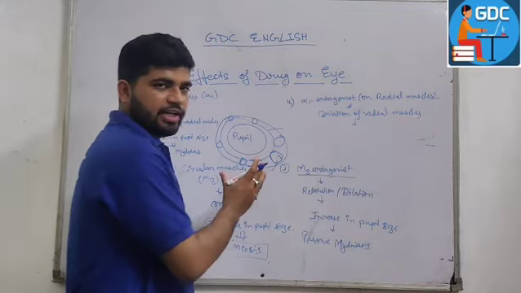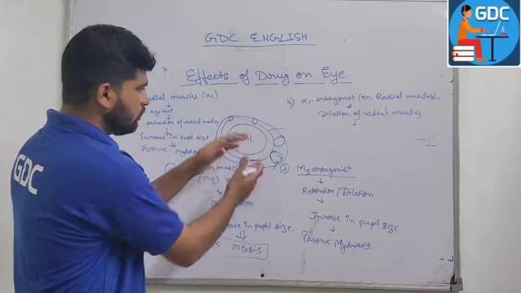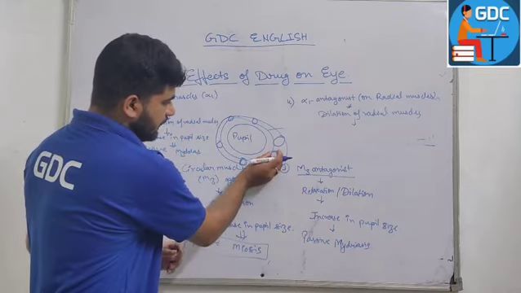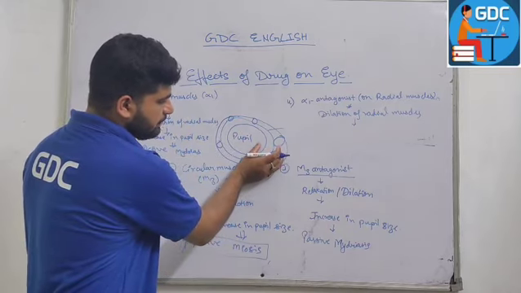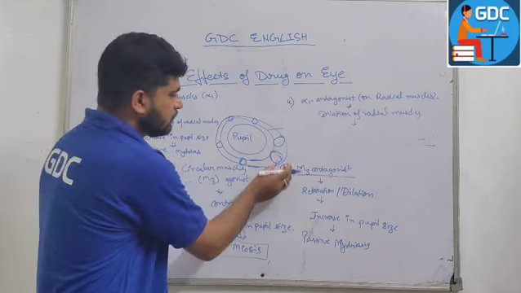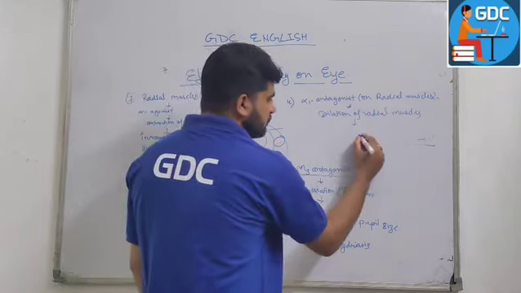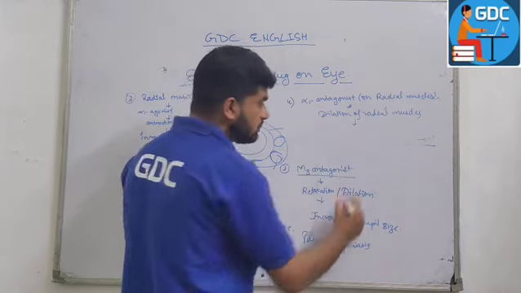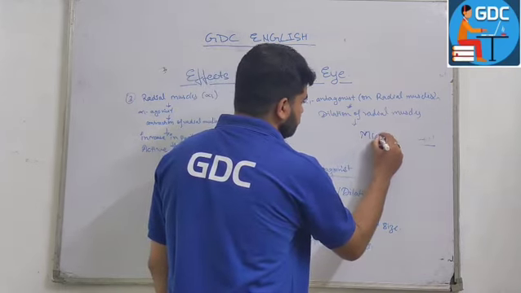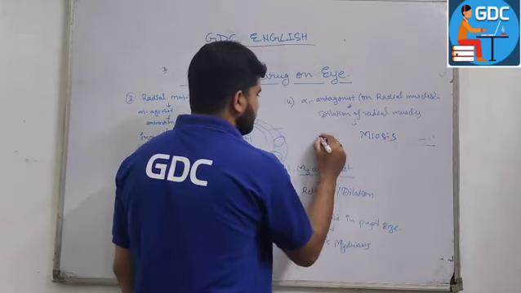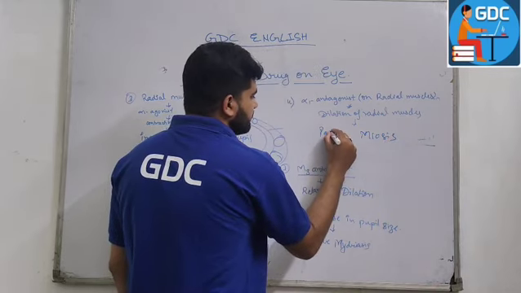Now the relaxation of radial muscles will do what? It will be extended towards the pupil also, no? So that will be responsible for the constriction of the pupil. If there is a constriction, what term will we use? We will use miosis, and that miosis will be the passive miosis.